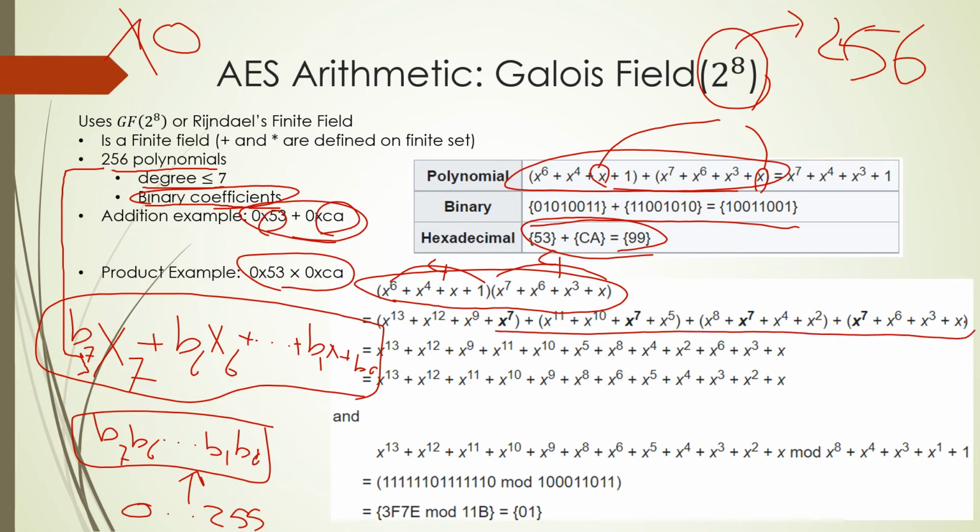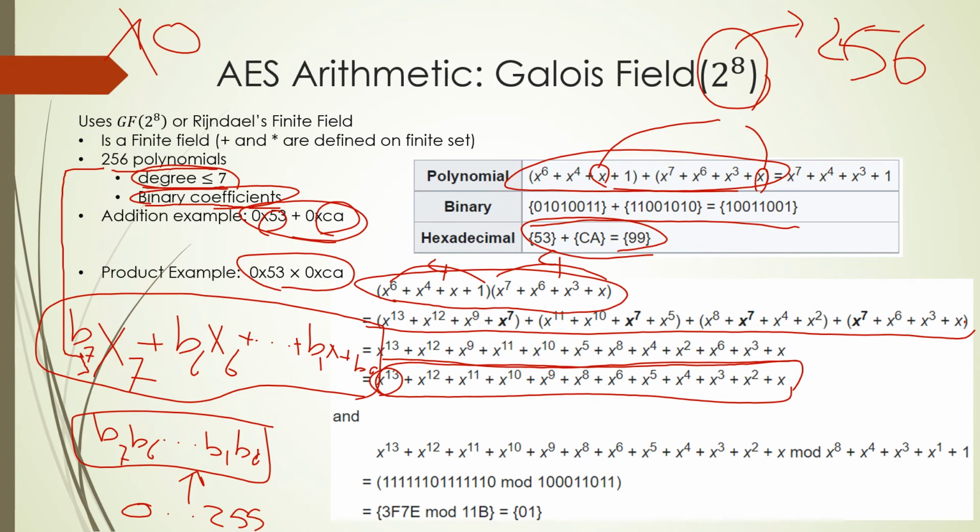And then when you simplify them the way I told you, you get something like this. And this number is not in the finite field that we were talking about, because the finite field only contains polynomials of degree 7 or less. The degree of this result is 13, and that's a problem, right?